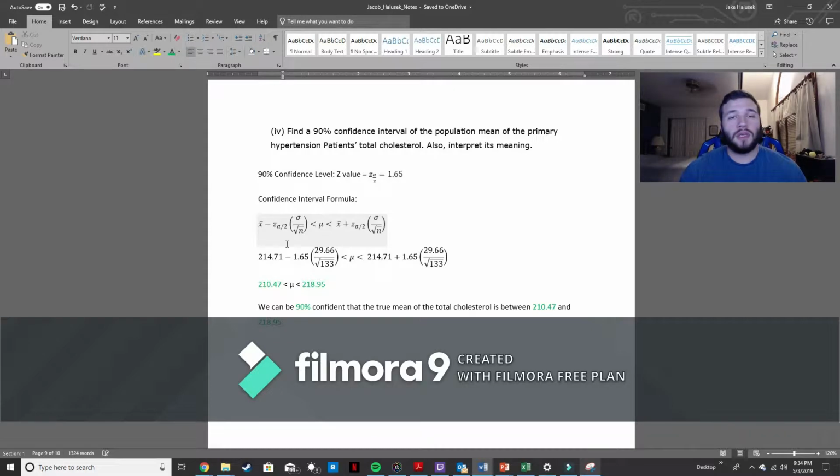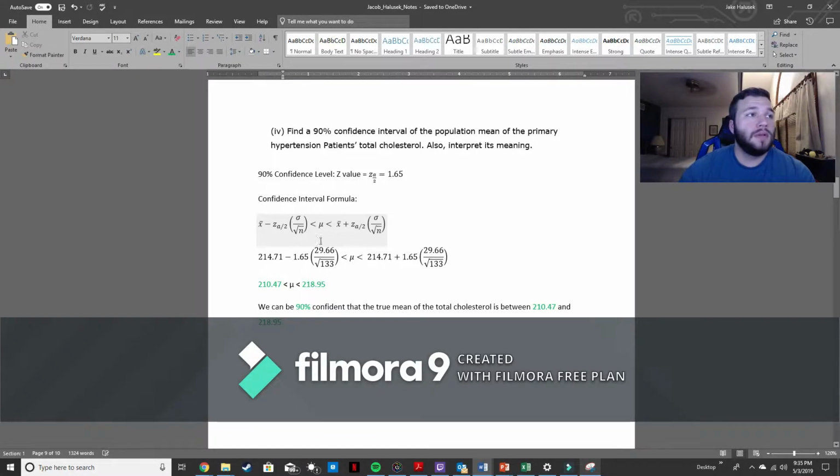So we take our sample mean and subtract our z-value times the standard deviation divided by the square root of our sample size, and that is going to be less than our population mean, and our sample mean plus our z-value times the standard deviation divided by the square root of our sample size is going to be greater than our population mean.